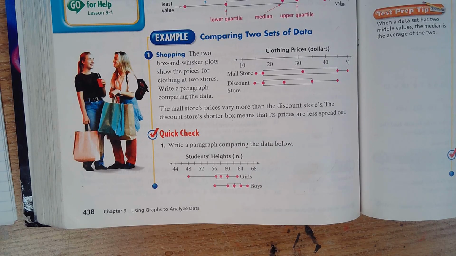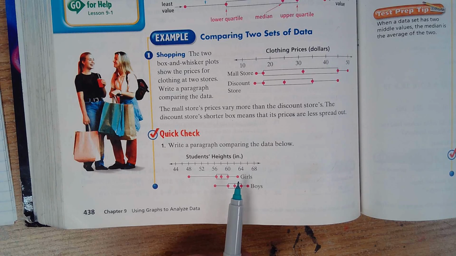You could also say something like, most girls are between 56 and 60 inches tall, whereas most boys are between 60 and 64 inches tall. You could say that, in general, boys are taller than girls. Things like that. So that's how we can use a box and whisker plot to compare data.